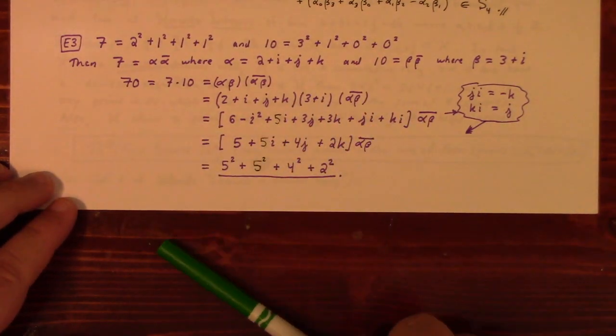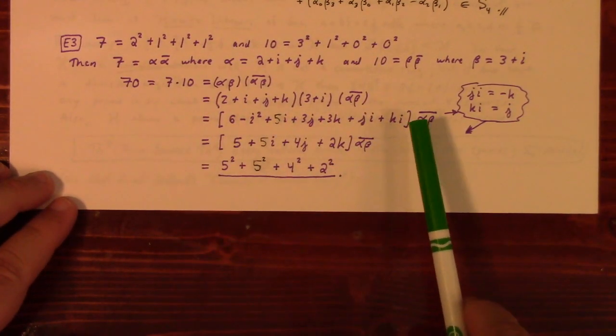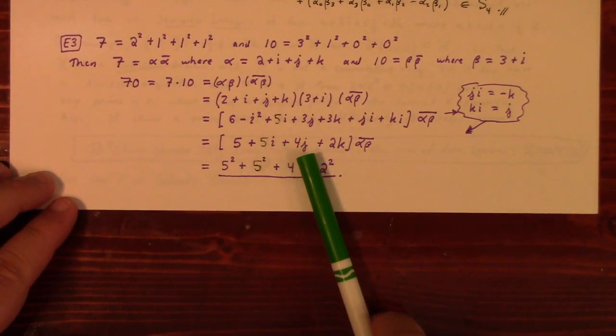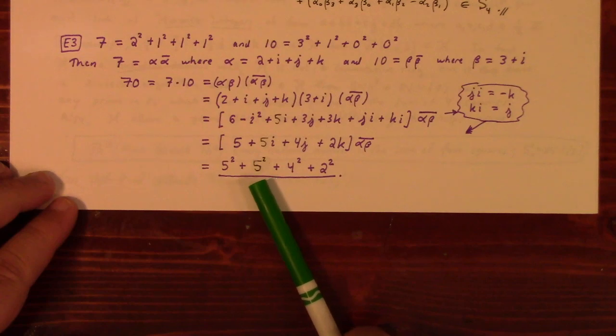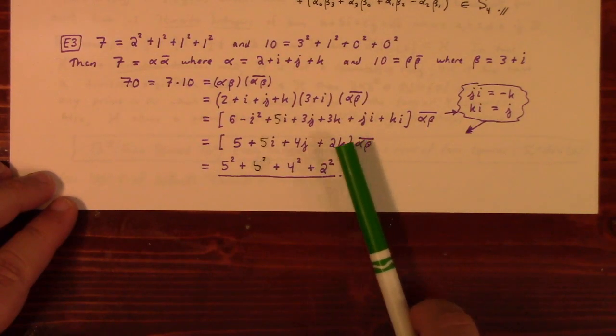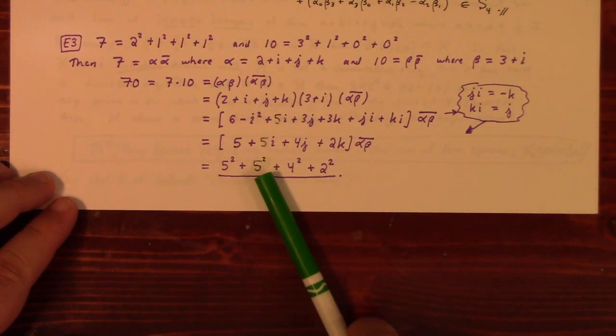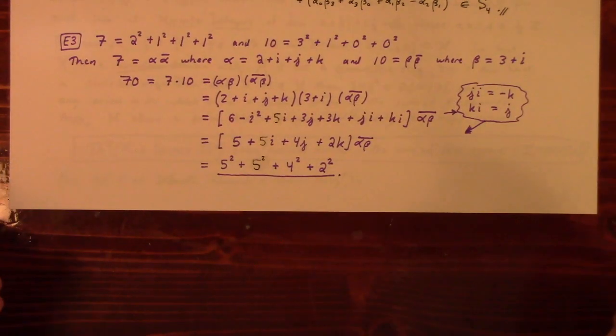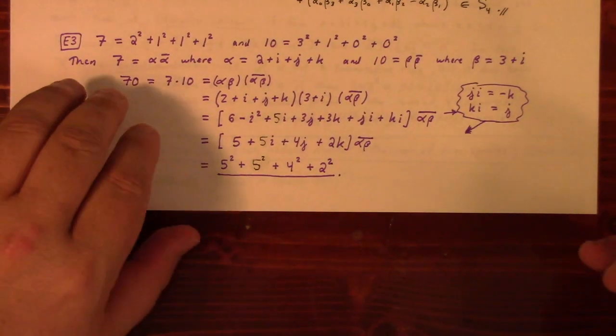But setting aside stupid mistakes, it multiplies out pretty easily, and eventually you get 5 plus 5i plus 4j plus 2k times its conjugate, which gives you 5 squared plus 5 squared plus 4 squared plus 2 squared. In other words, 70 is 25 plus 25 plus 16 plus 4, which is true.